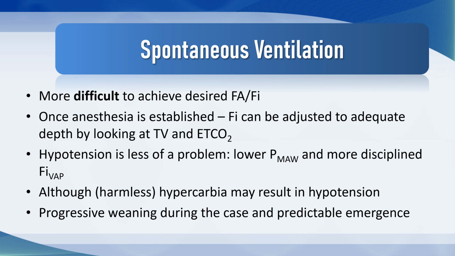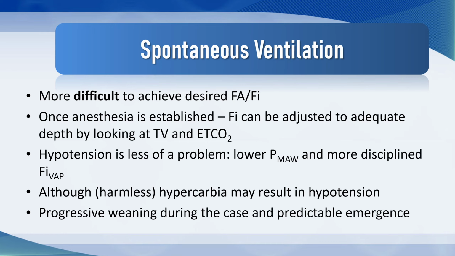And usually, anesthesiologists will manually ventilate the patient early in the case just to get that volatile agent into the brain. But once anesthesia has been established, the FI can be adjusted to adequate depth by looking at the tidal volume and the end tidal CO2. If the tidal volumes are low and the end tidal CO2 is high, the patient is probably getting too much anesthesia, so you will dial down the vaporizer.